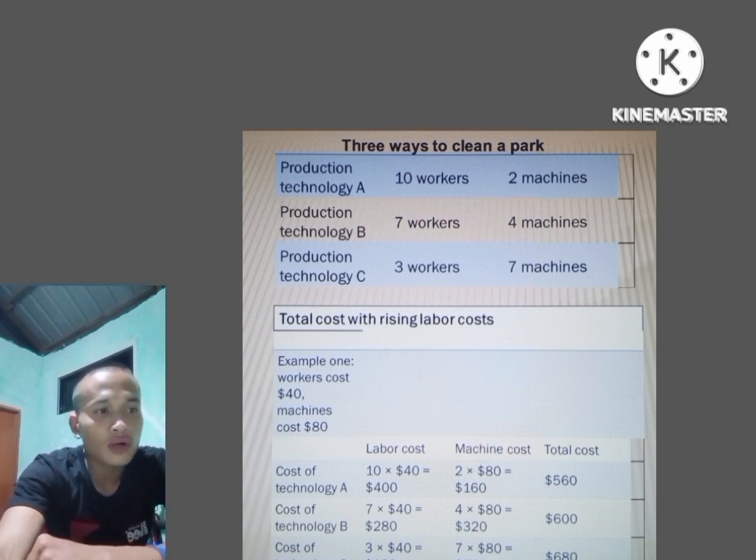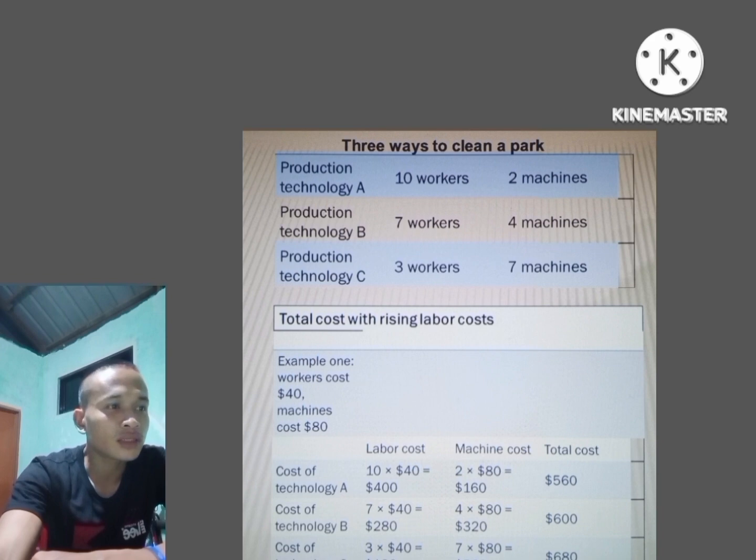Then the cost of technology B. 7 workers times worker cost of $40 equals $280, and the machine cost is 4 machines times machine cost of $80 equals $320.